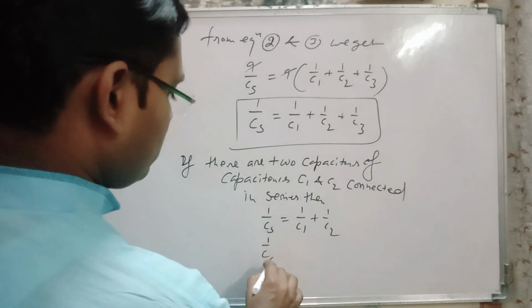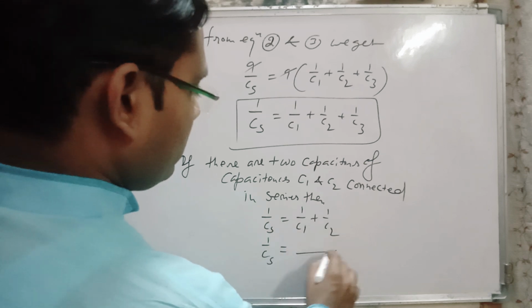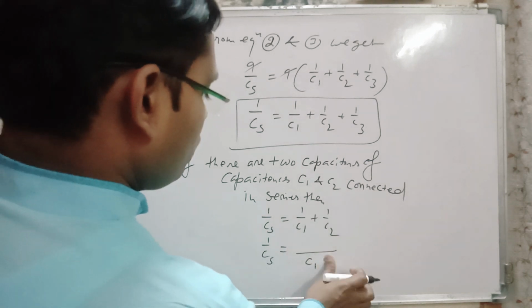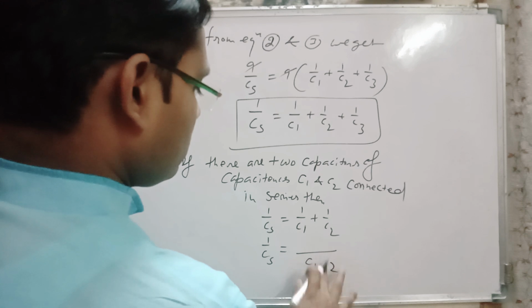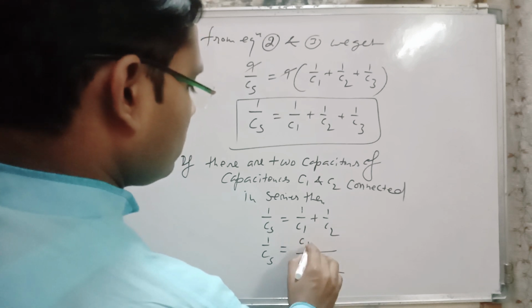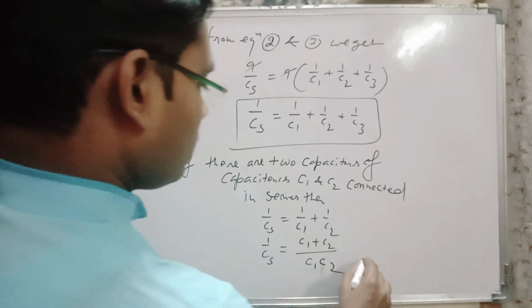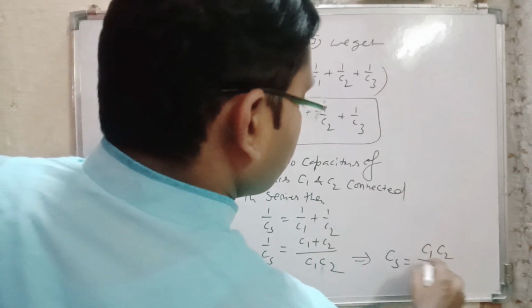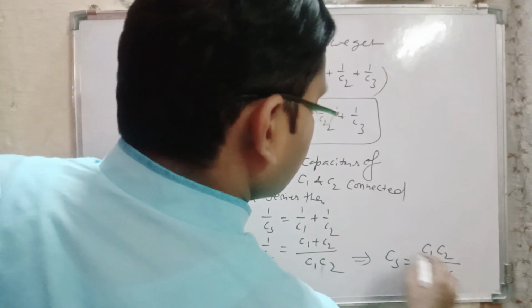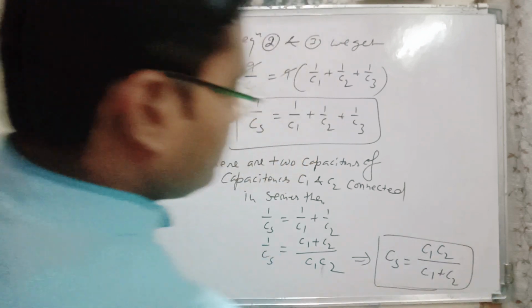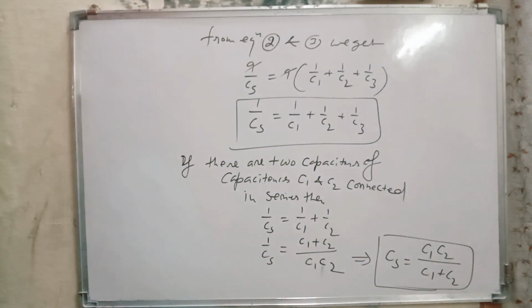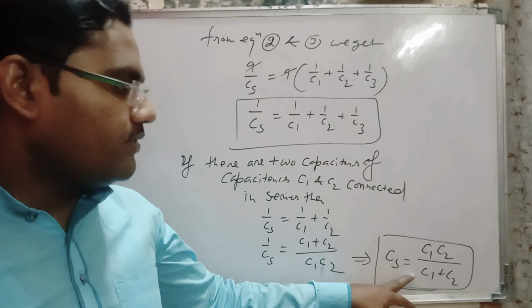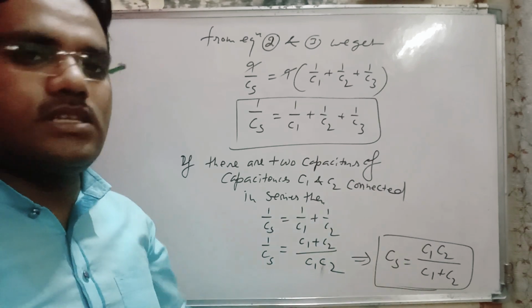Now for 1 upon Cs, we take the LCM of C1 and C2, and this one is C1 plus C2. Now here we get, therefore Cs is equal to C1 C2 upon C1 plus C2. This one is the expression for equivalent capacitance of two capacitors connected in series combination.